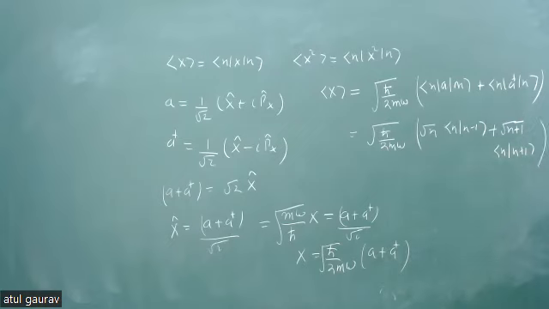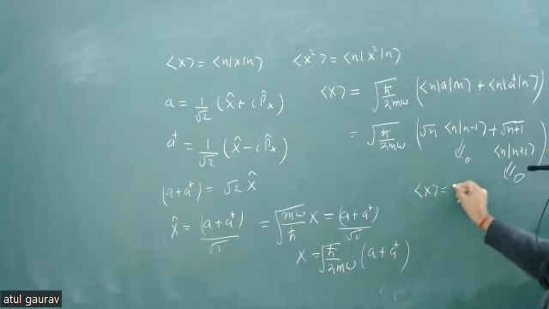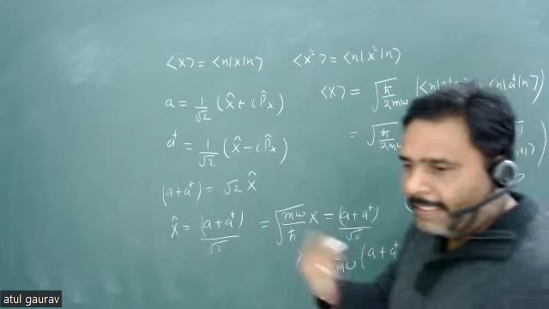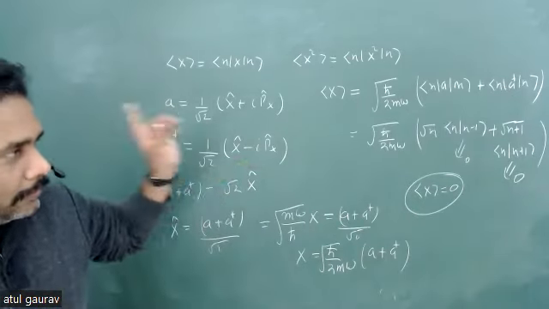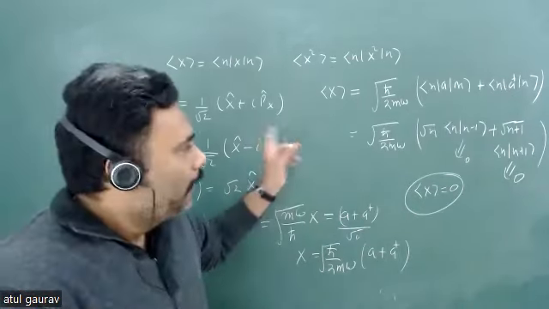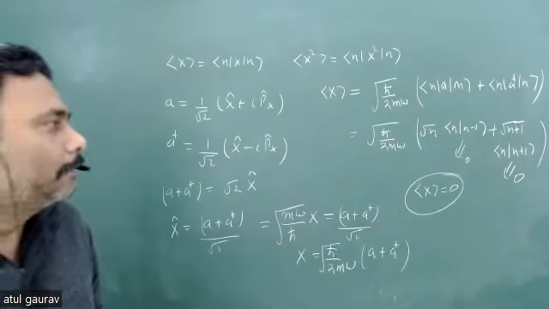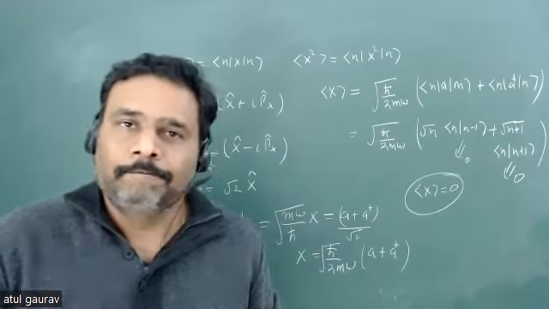Isn't it? What will this value be? 0. What will this value be? 0. So obviously, expectation value of x is 0 for any n. We have solved it from the differential equation method, but here we are using the operator method, isn't it?